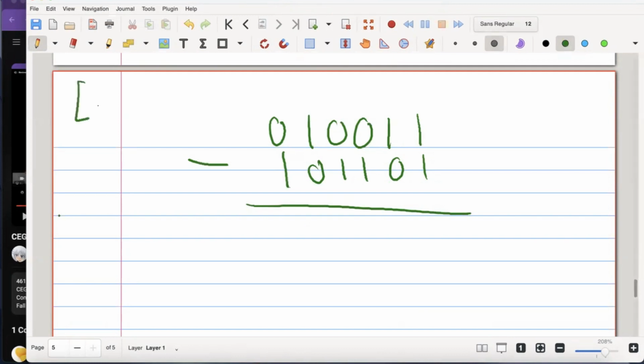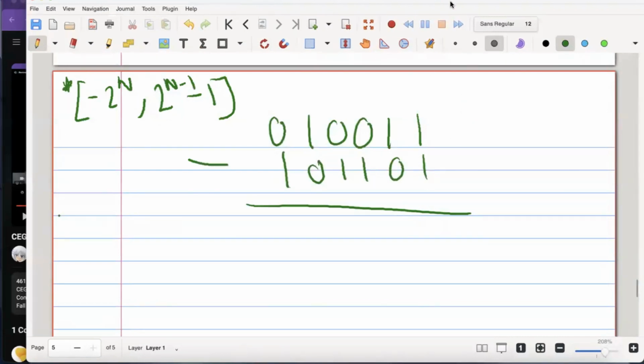So let's just keep the formula as you said, 2 to the n minus 1 as the range. Because we had 0, 1, 1, which is the highest positive, which is just 3. So that's 2 to the power of 2, which is 4, minus 1. So that is just going to be our formula for now. I will change it maybe eventually later.